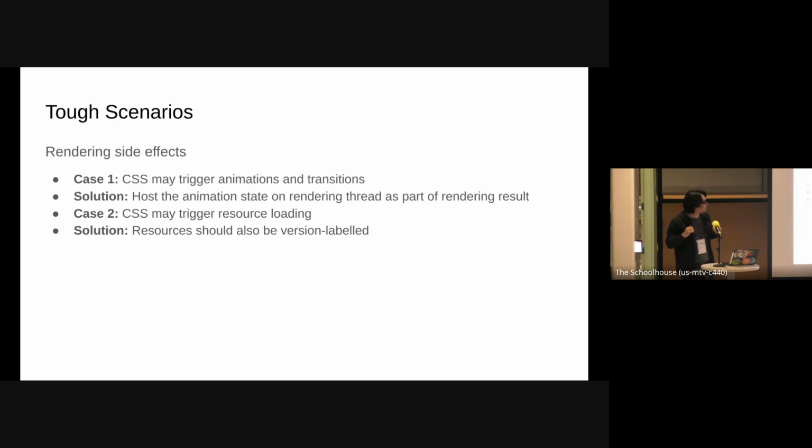So maybe we need to host that animation state on the rendering thread instead of the main thread. We consider that as part of the rendering output and let the rendering thread update it on its own and pass it to the main thread.